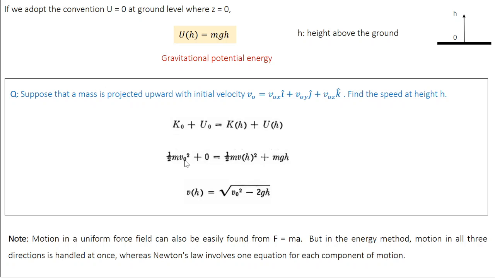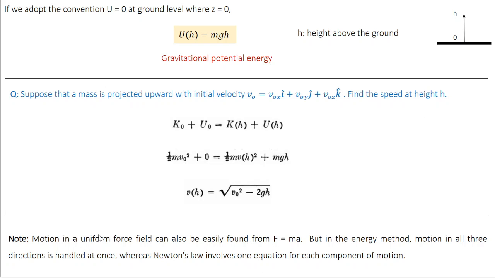K0 is half m v0 squared. U0, since we start the motion from the surface of Earth, where height is 0, the potential energy is 0. So this is equal to K of h, which is half m v of h squared, plus U of h, which we know as mgh. So when you rearrange the terms, you get v of h equal to the square root of v0 squared minus 2gh. So using the energy method, you can quickly calculate the speed at height h.